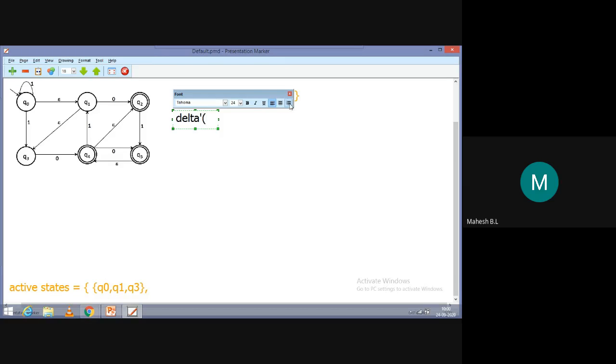Now compute delta dash of Q0, Q1, Q3. There are two symbols in the alphabet, 0 and 1. First let me compute on 0.